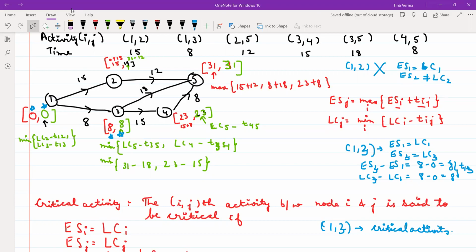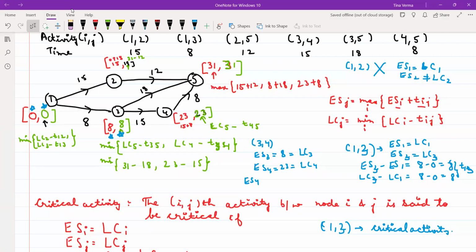Next, if I am talking about the 3 to 4 activity, ES3, what is my ES3? The earliest starting time of 3 is 8. And what is LC3? That is also 8, right? ES4, what is that? 23. And LC4 is also your 23.